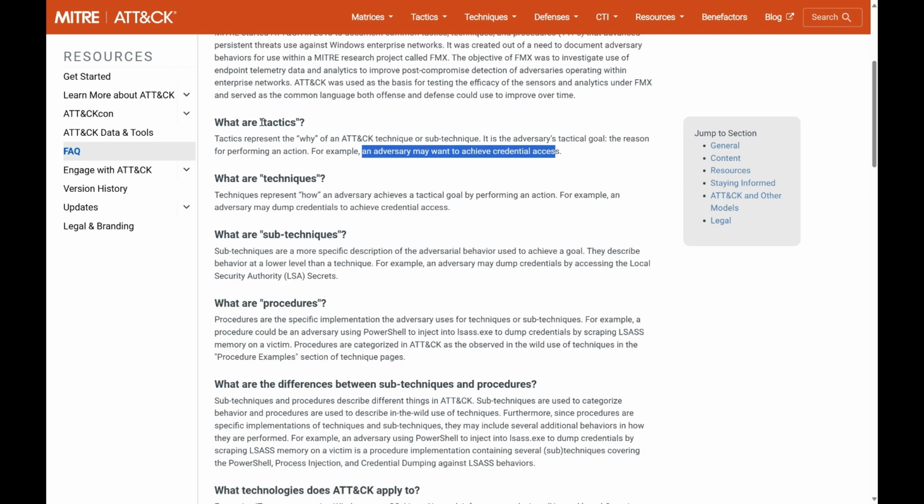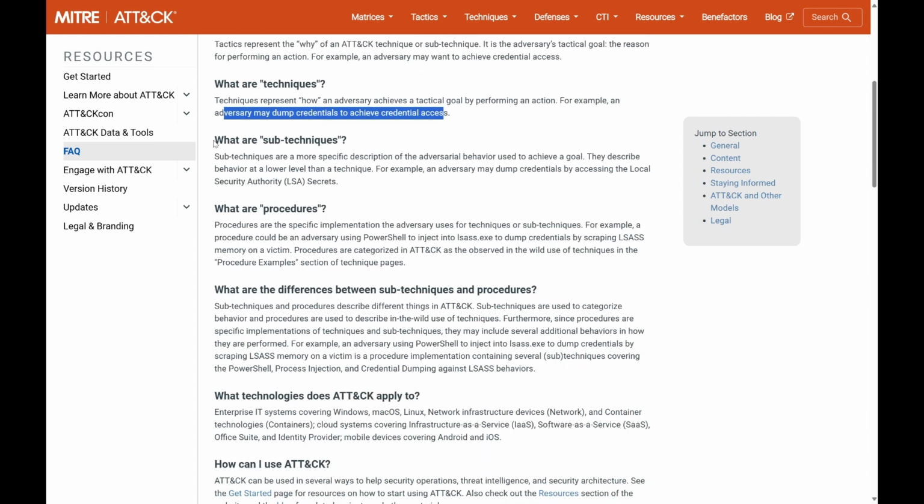So tactics represent why. What are techniques? Techniques represent how. An adversary achieves a tactical goal by performing an action. For example, an adversary may dump credentials to achieve credential access. So techniques represent how.